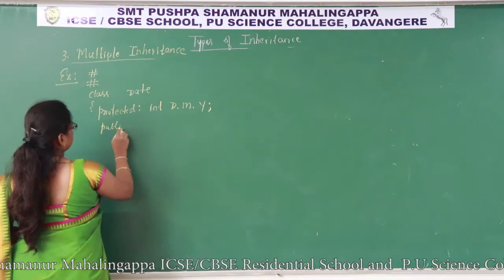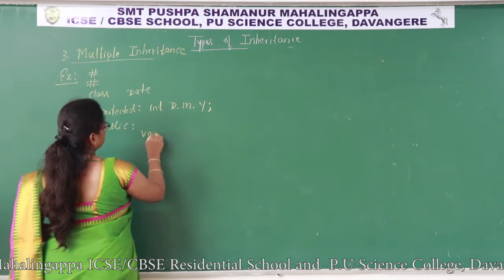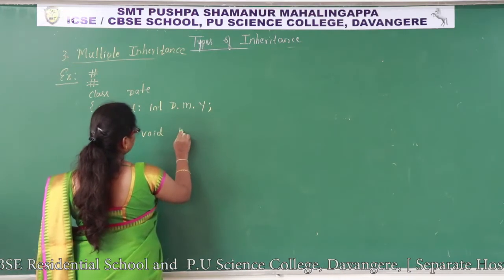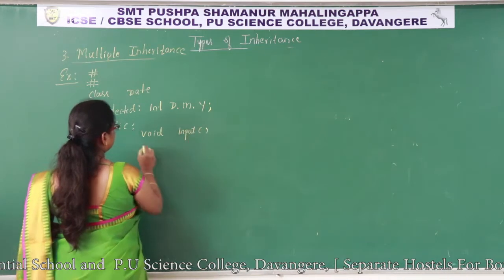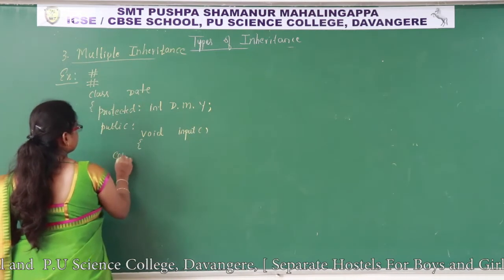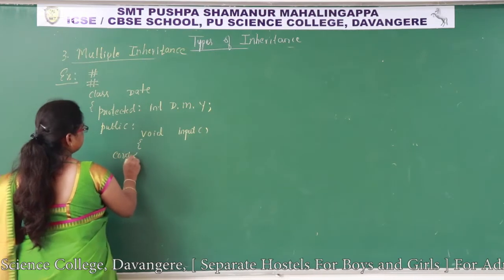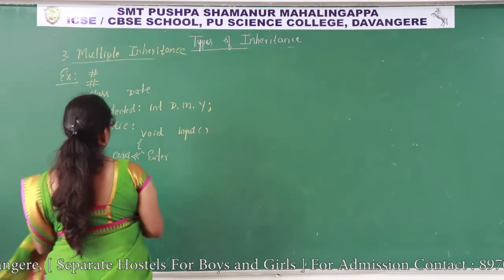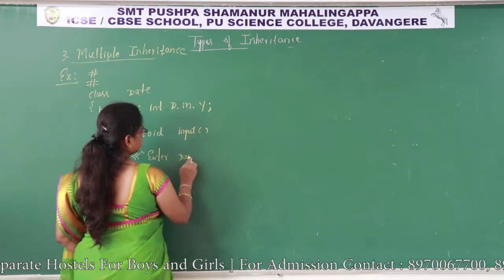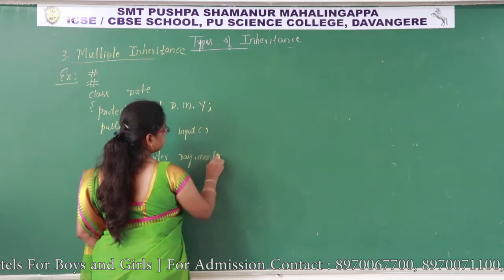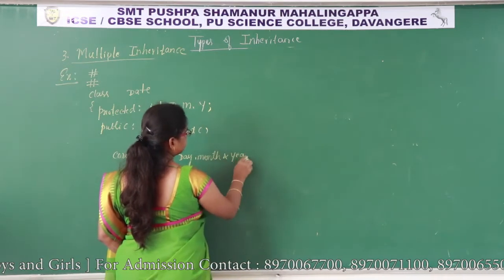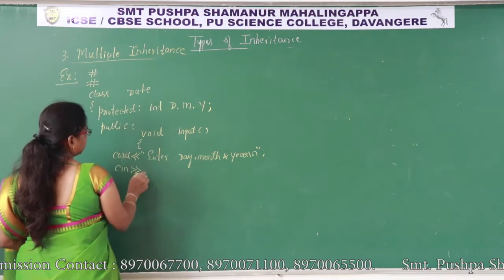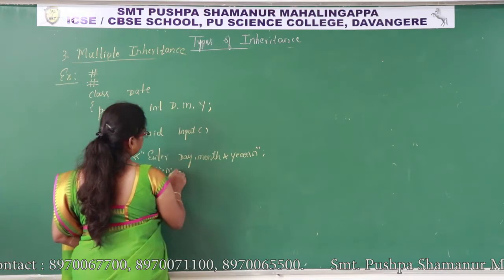In the public section, void input function, cout enter day, month and year. Cin extraction day, extraction month, extraction year.